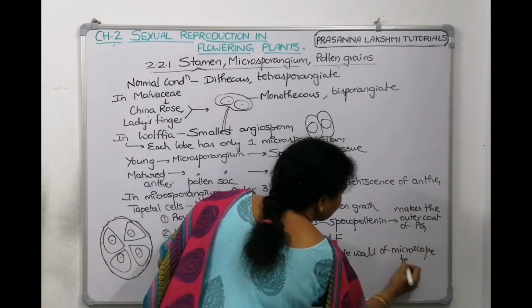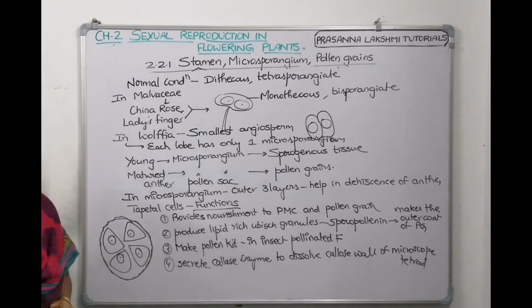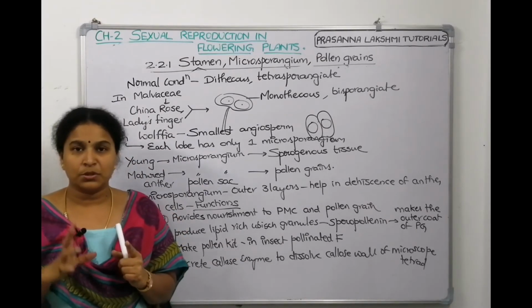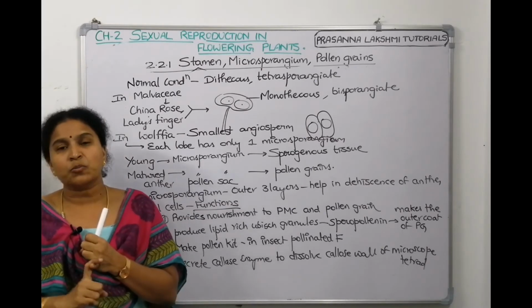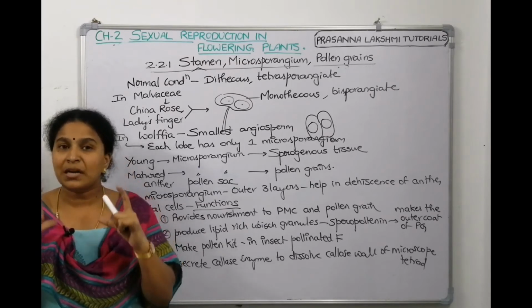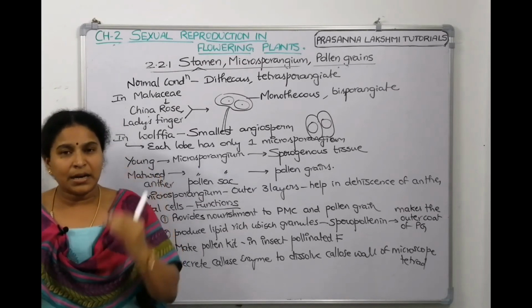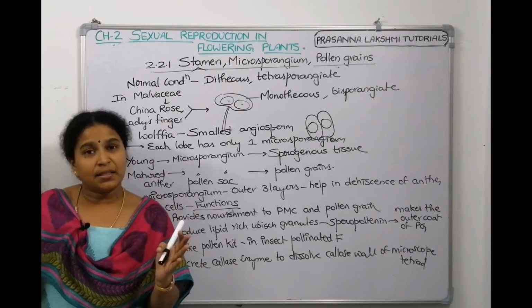Children, what did we discuss on this board so far? We were talking about the normal condition of the anther lobes. 2 lobes means dithecous. Each lobe contains 2 microsporangia, so 2 lobes mean tetrasporangia. In the cross section, we have seen clearly the microsporangia at the corners, and they are spherical.